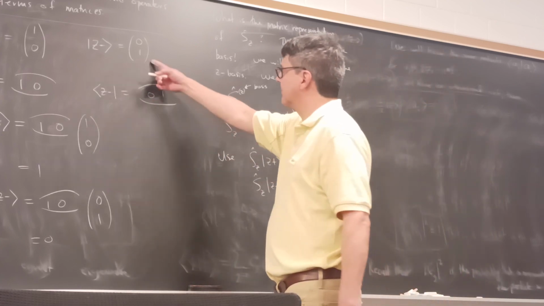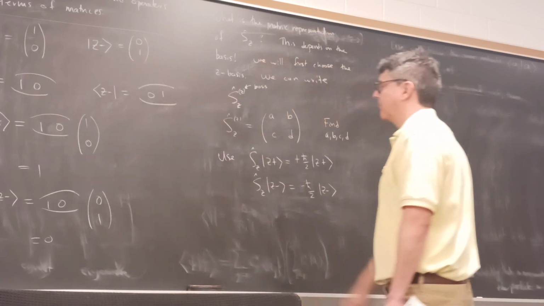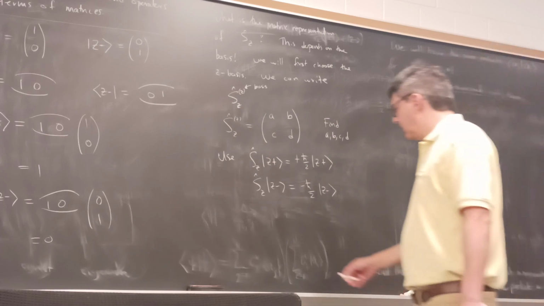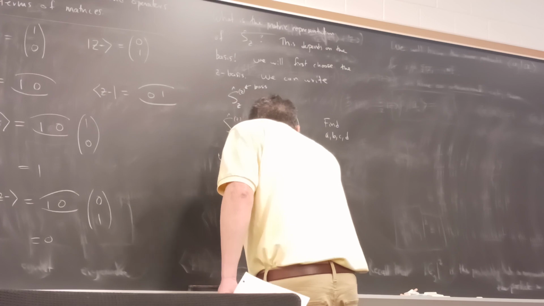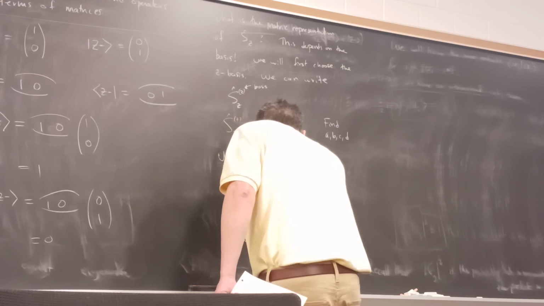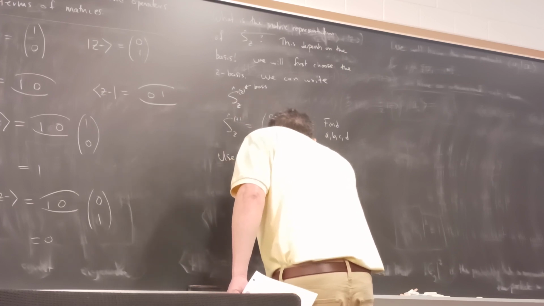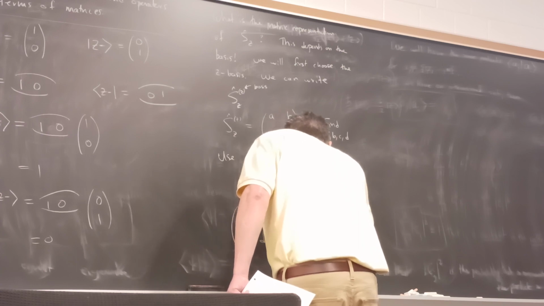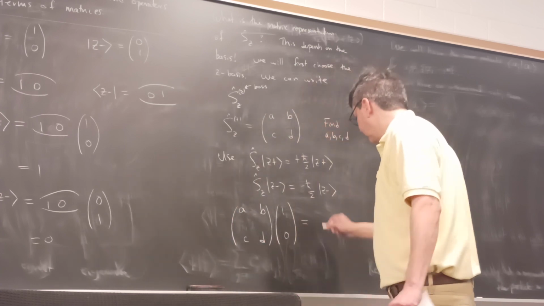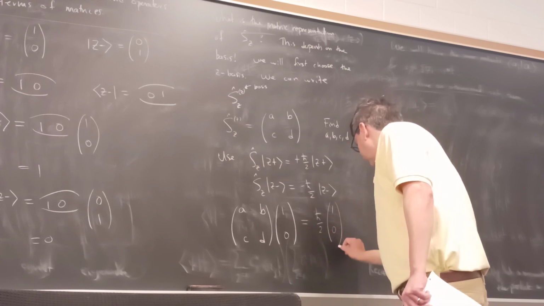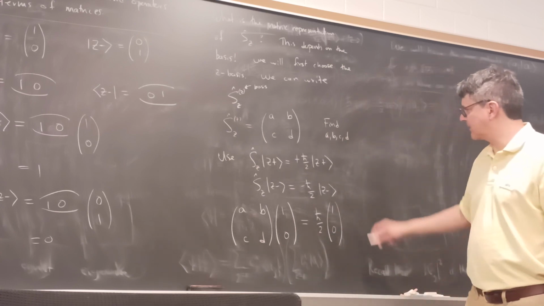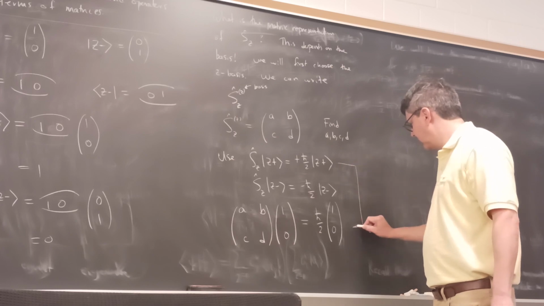We'll use these vector representations here for the kets. So first, let's write down A, B, C, D, and we'll let it operate on 1, 0. Now, what do we have to get? We have to get plus h bar over 2 times 1, 0. That's just a statement of this equation.